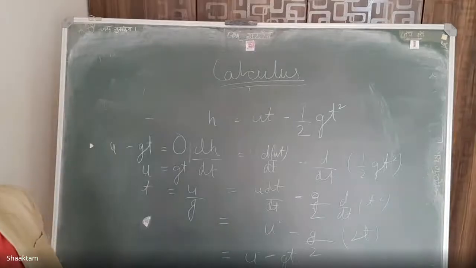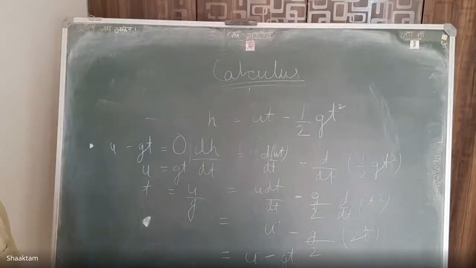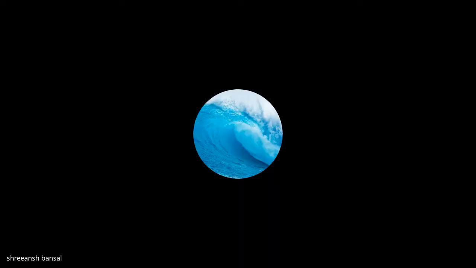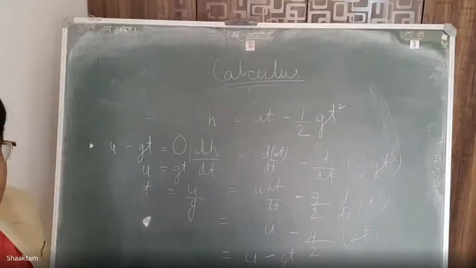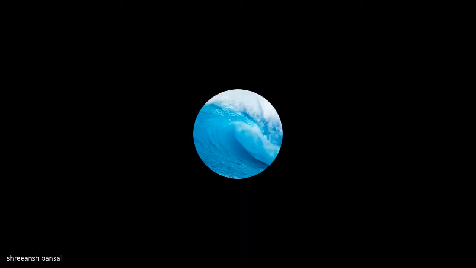Got it now? That's it. Time taken to reach the maximum height. So we can leave the answer like this only, t is u by g. You don't know u and g, so you can perfectly leave it like that.